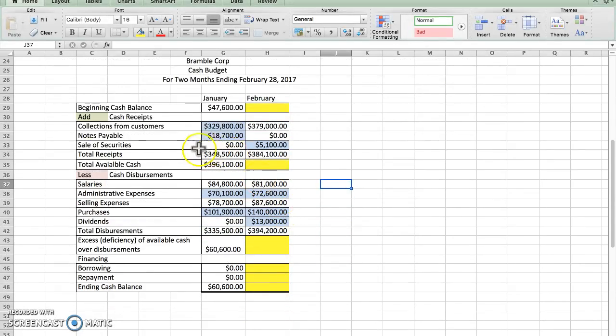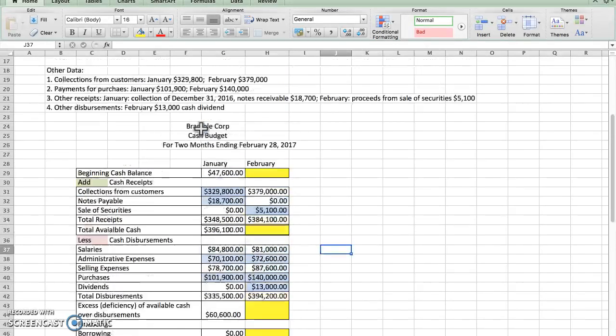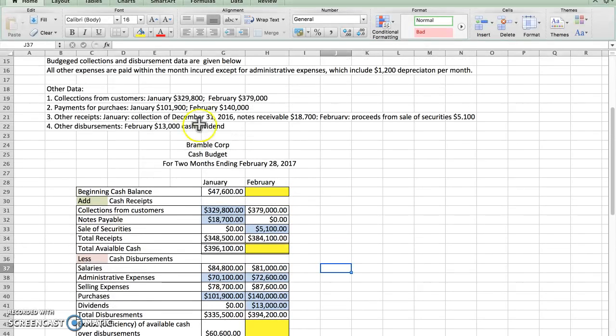And in my problem, the beginning cash balance was $47,600. To that, you're going to add your cash receipts. So cash receipts from customers, right here in the month of January was $329,800, and in the month of February was $379,000.